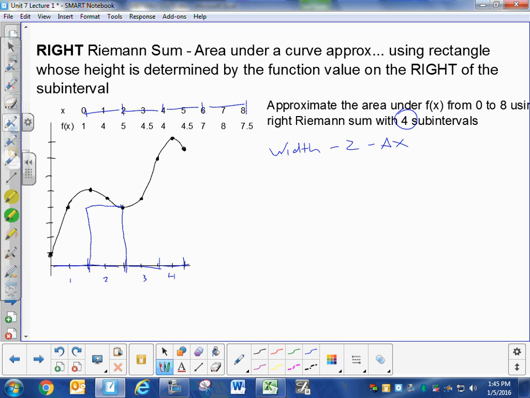You see that? So for rectangle 3, I go all the way to the right of the base, and I use the function value above that for the height of rectangle 3. Here's rectangle 4 and rectangle 1.